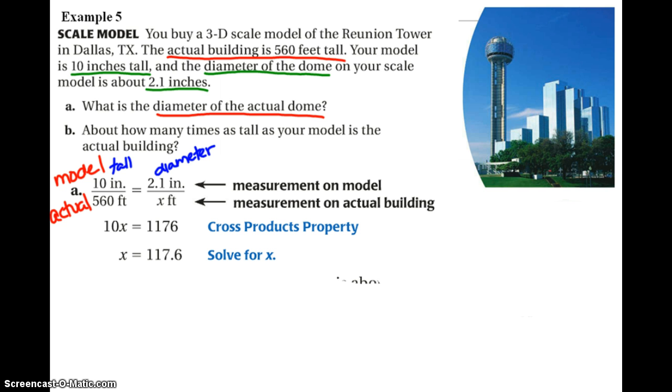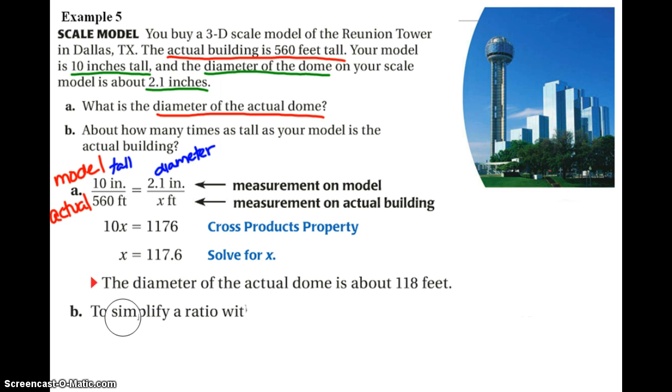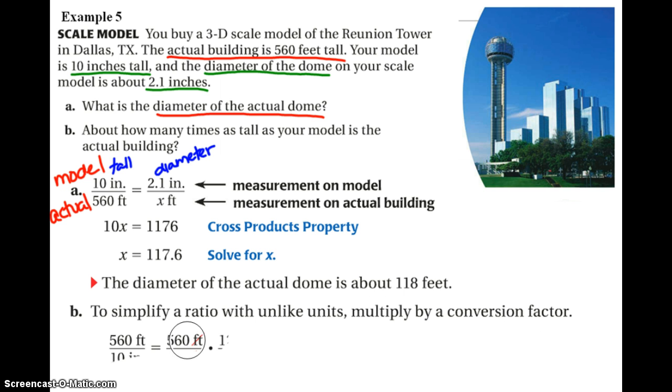So if we want to know how many times as tall the model is as the actual building, okay, there's our diameter answer. We have to simplify the ratio and multiply it using a conversion factor. So that means we need to take our 560 feet over inches. We want to get rid of our inches.